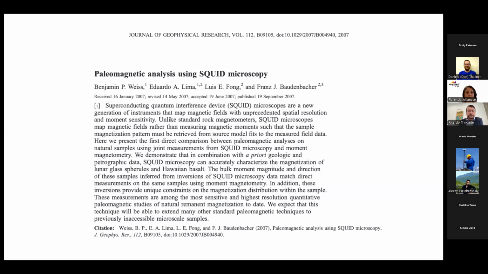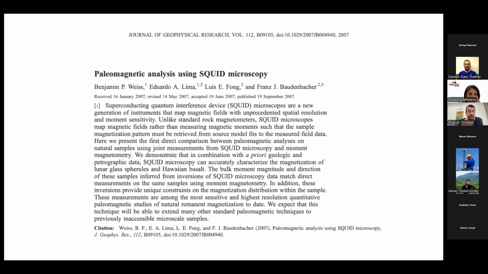But early in 2007, there is this paper by Ben Weiss and his group already showing that it's possible to do paleomagnetic analysis using magnetic microscopy, going from the bulk rock to the single grains or groups of grains analysis based on magnetic maps. After this paper, lots of other studies were done trying to investigate paleomagnetism from this perspective of magnetic imaging.